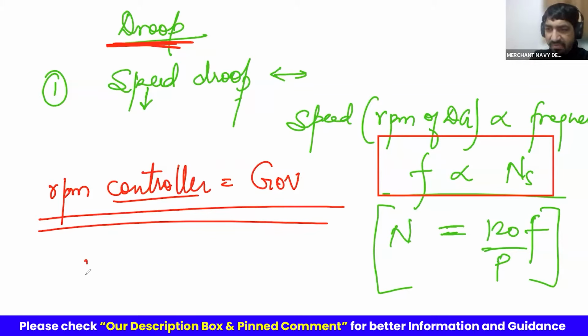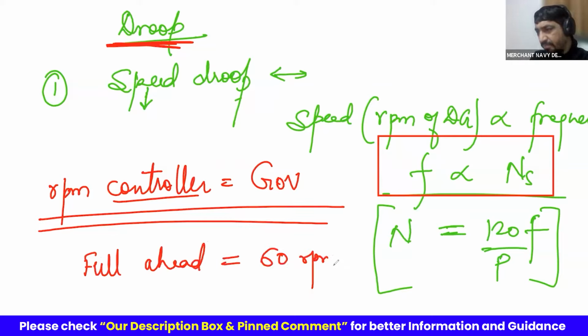But whatever is the set RPM, that should not vary. For example, let's say you've given full head, and the full head RPM is 60 RPM in one of the ships. Now with the change of load, this should not change.